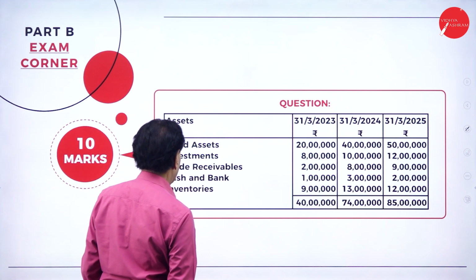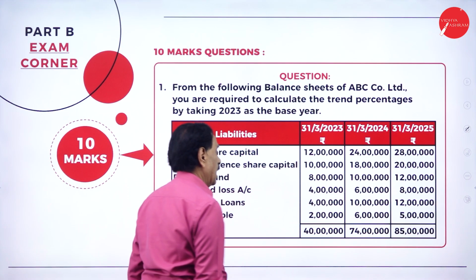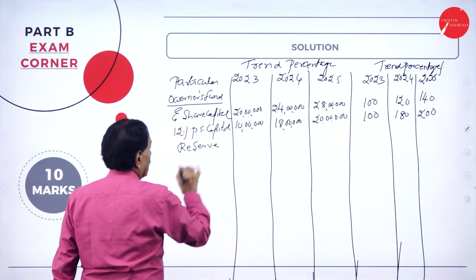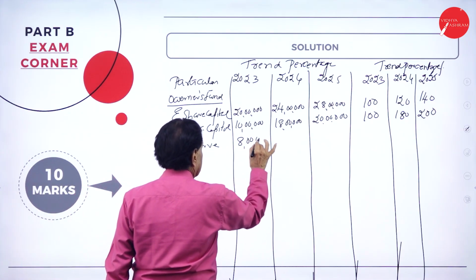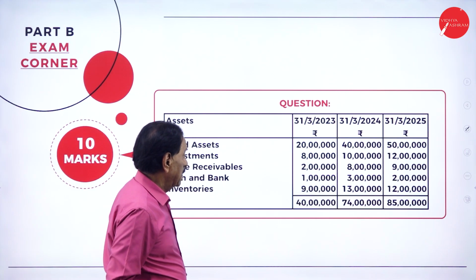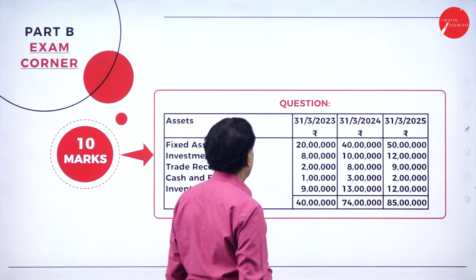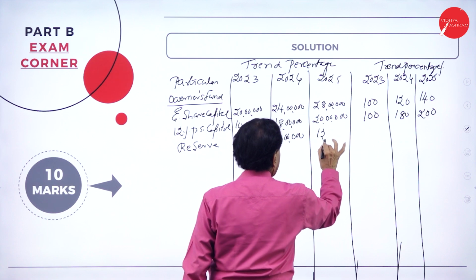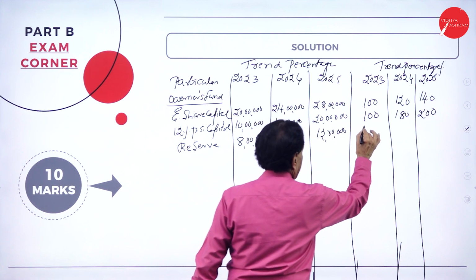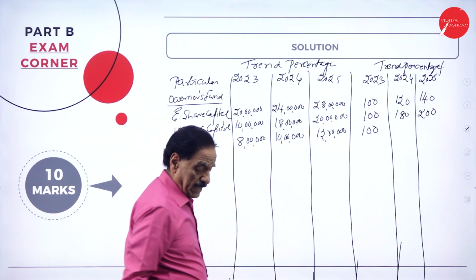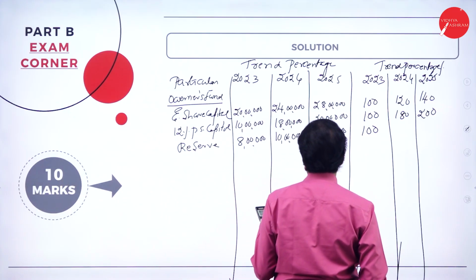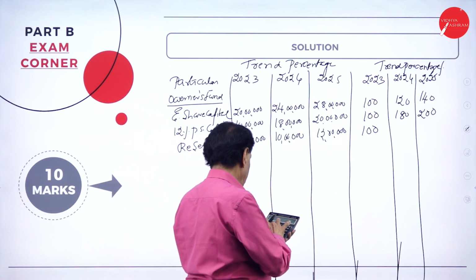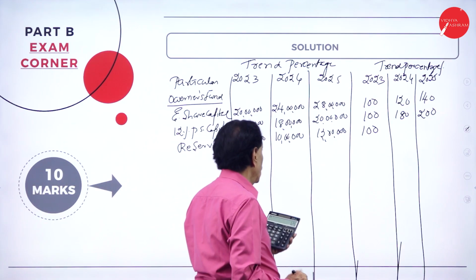Next one, reserve: 8 lakh, 10 lakh, 12 lakh. The base is 100.